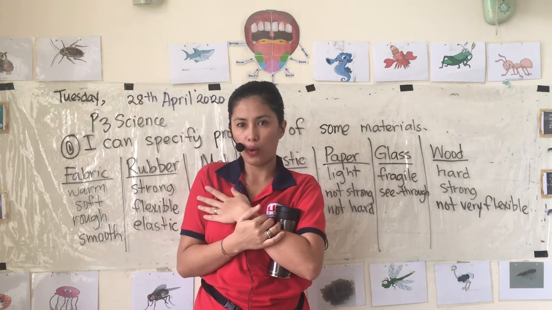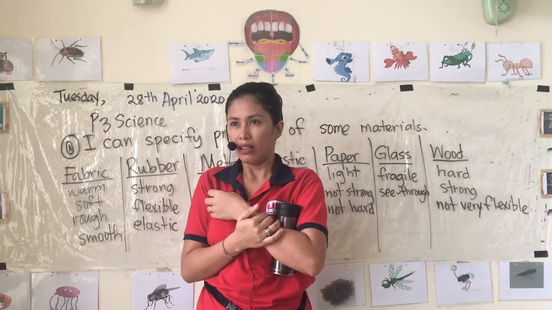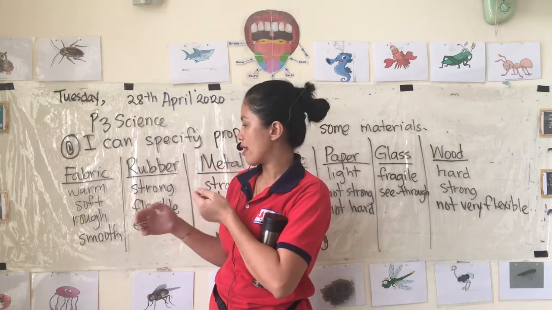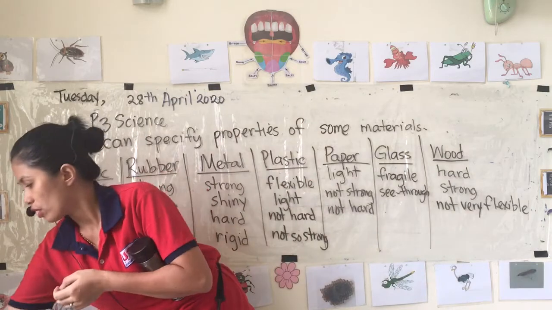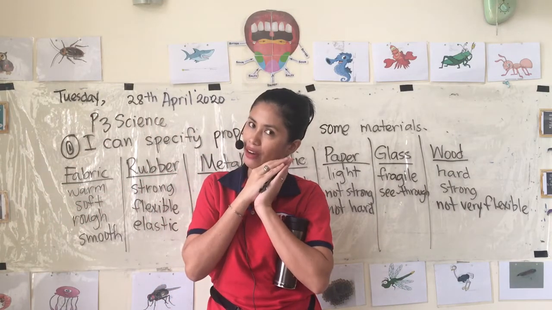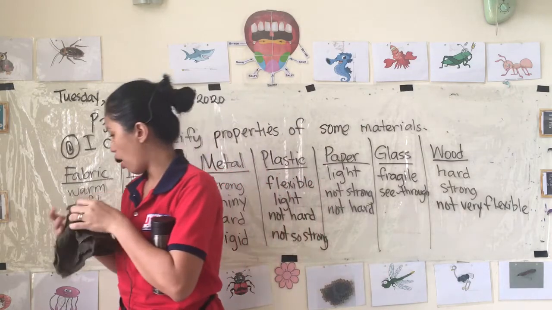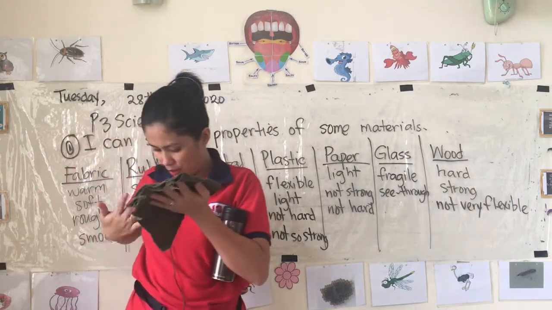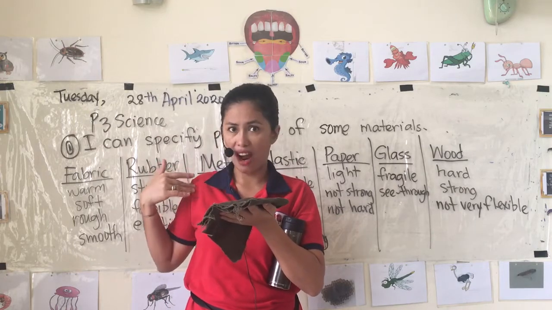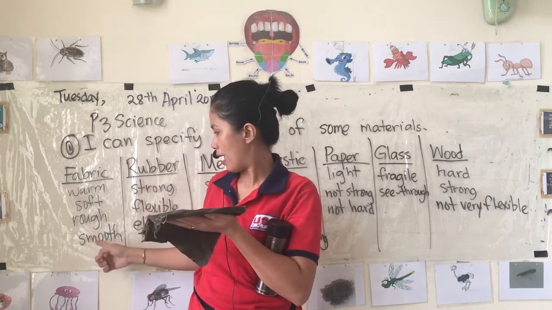If you're cold, you want to wear them because you want to feel warm. And then some of them are soft. So when you squeeze it, it's very soft and very comfortable. And rough, some like this one, my shirt is rough. It's not smooth.